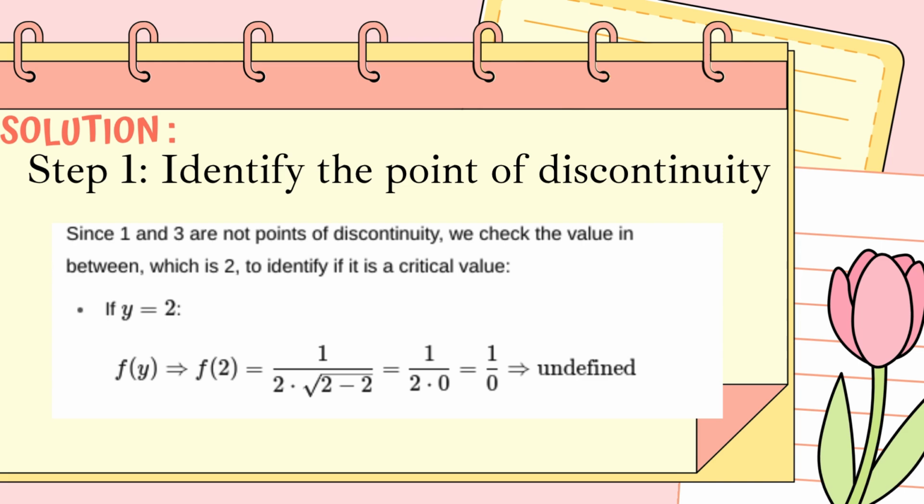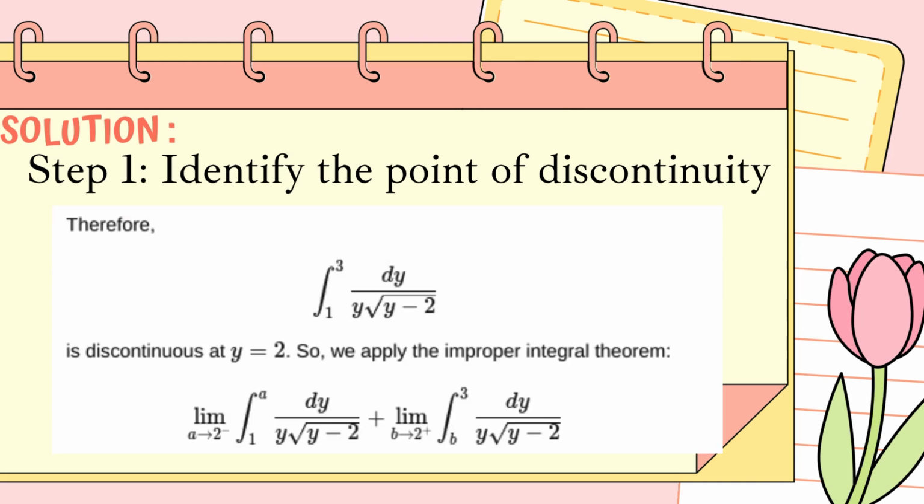So 2 times 0 is 0, then copy the numerator which is 1, so 1 over 0 is undefined.